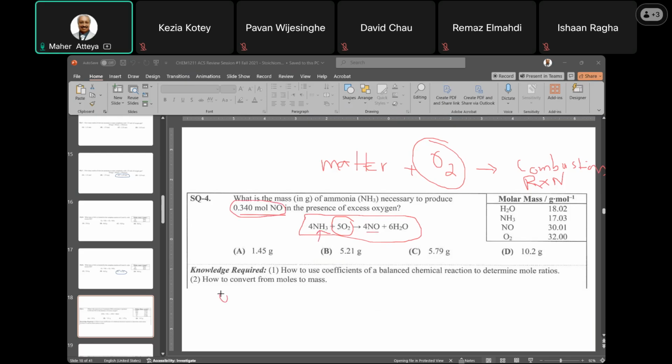So we say 0.340 mole of the product, NO, nitrogen monoxide, over 1. Then you put the mole ratio here, because you want to cancel mole NO, and the one in question is your ammonia, mole of ammonia.